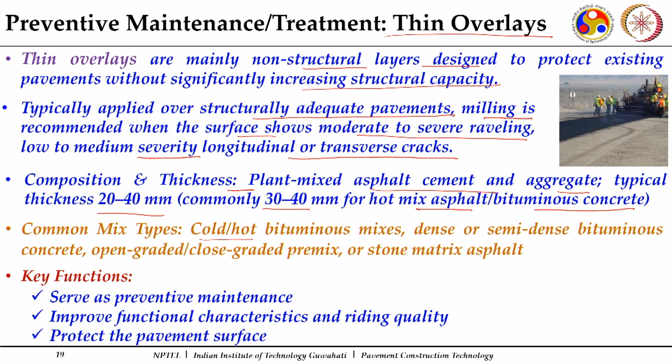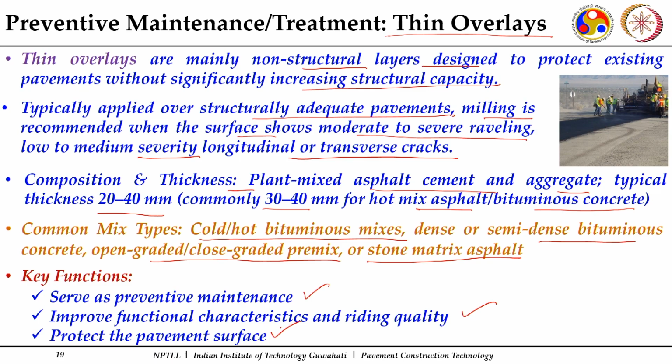Common mix types: we can use both cold and hot mixes in thin overlays. Dense or semi-dense bituminous concrete, open graded or close graded premix carpet, or stone matrix asphalt can be used. It serves as preventive maintenance, definitely improves functional quality and riding quality, improves the smoothness of the surface and protects the pavement surface.